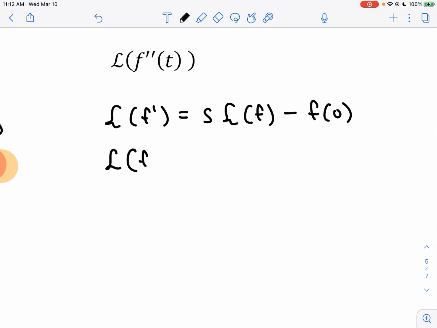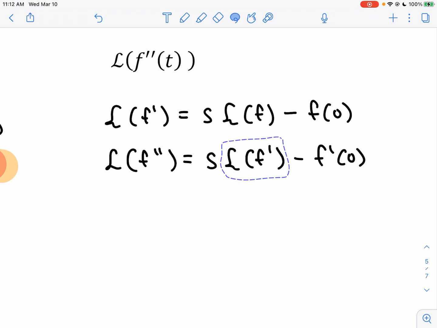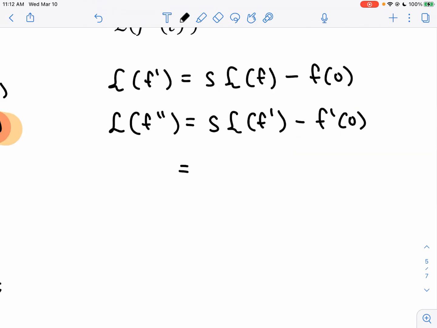The Laplace transform of f double prime is equal to s times the Laplace transform of f prime minus f prime of 0. Right? Just think of f as f prime. And then we can use the formula for the Laplace transform of f prime. So this right here can get substituted right in for this part.